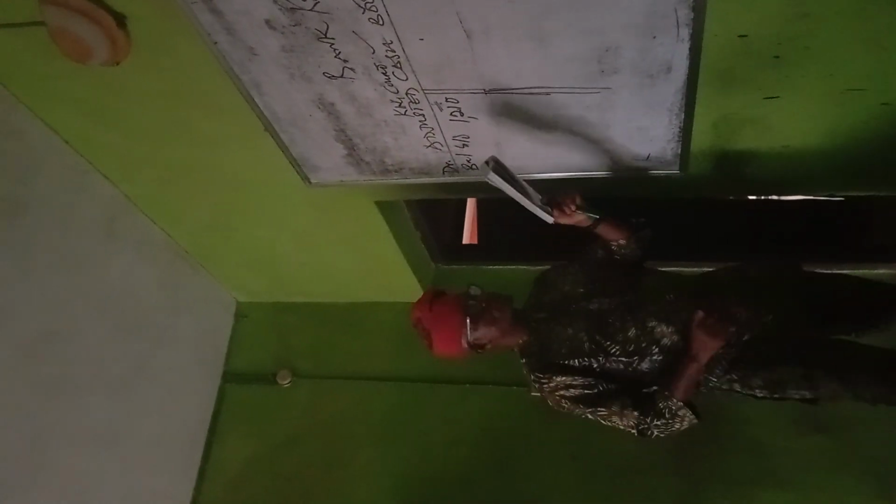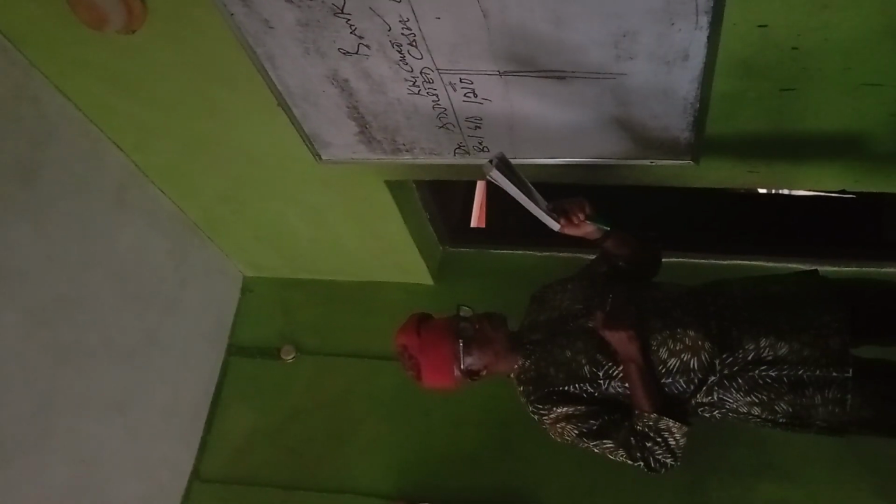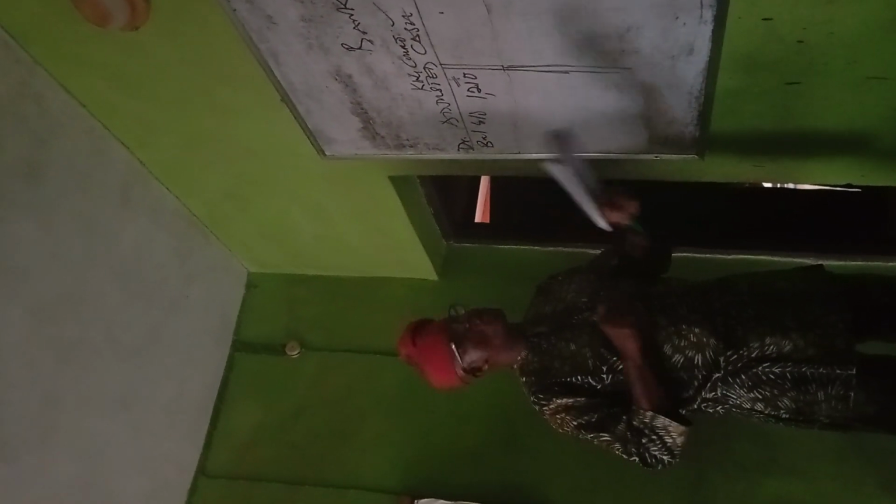Let's read further. We are told that the bank statement shows a balance of 1,194 naira, credit. Please note that one. 1,194. This is what the bank statement is showing.